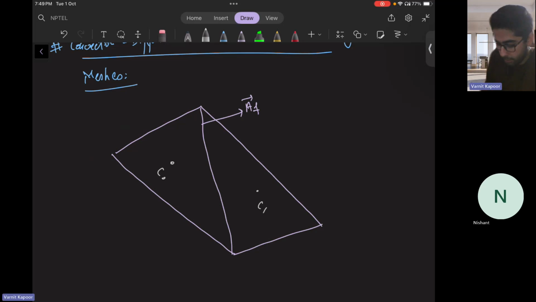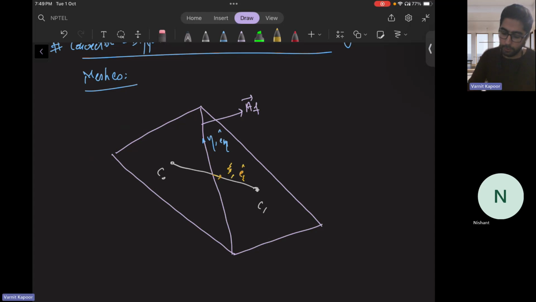This is C1. They're connected like this. So this is the eta direction, and its unit vector is eta hat. And this is the zeta direction. So A_zeta.